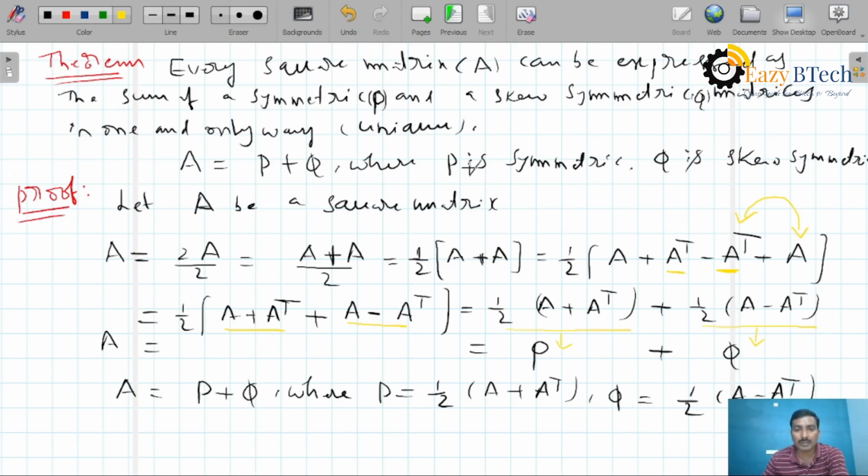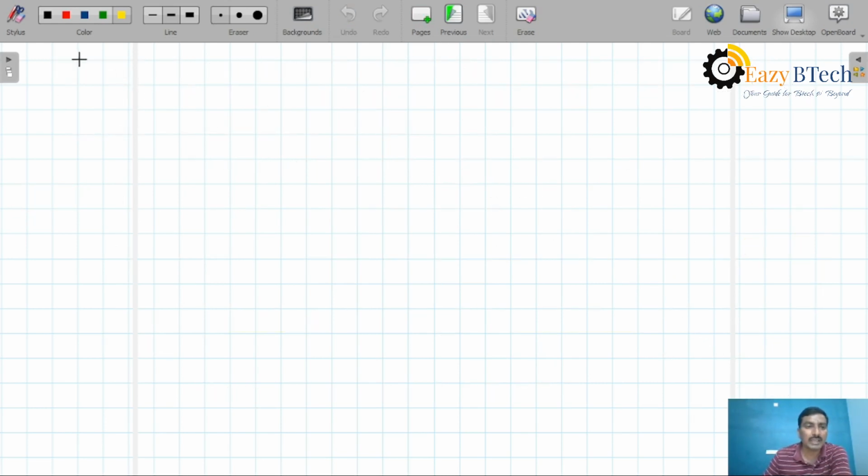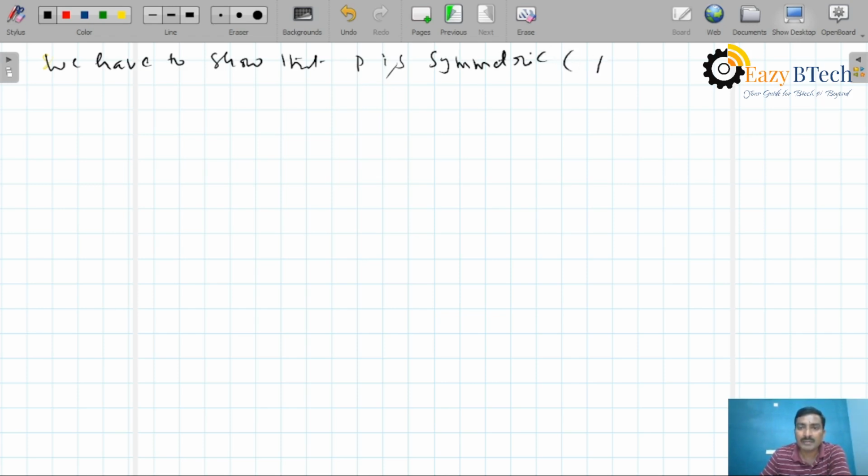Here P is symmetric means P transpose equals P, so we have to show that P transpose equals P.